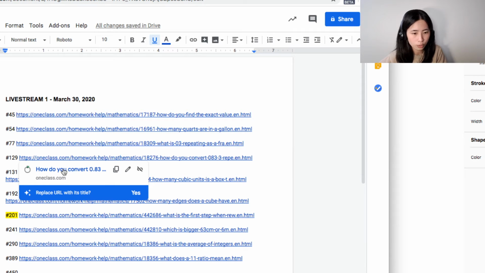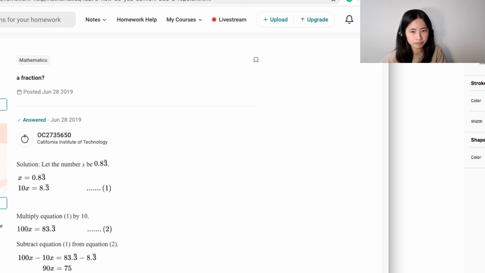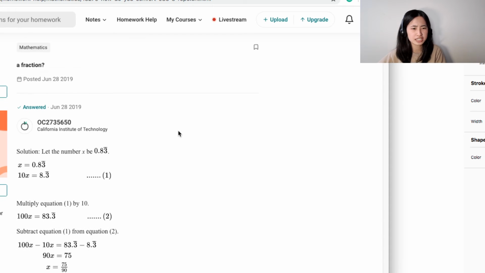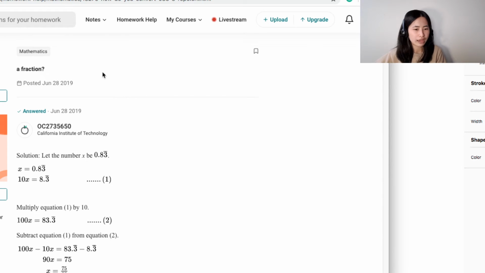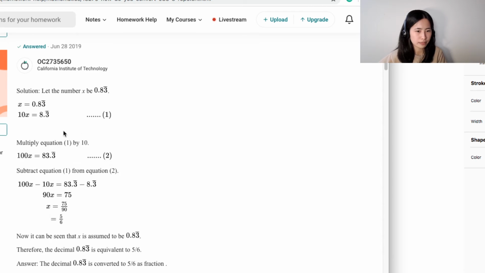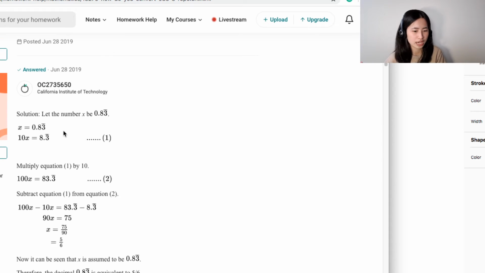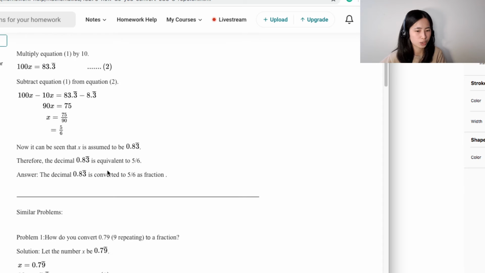Okay, so 129. As you can see, they don't really have the question here, but just by reading the solution, I am able to tell what they're asking for. They're asking for the decimal number 0.83 to be equivalent to which fraction.